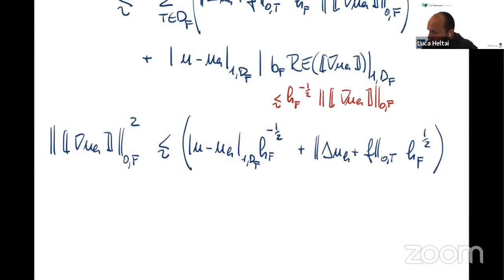Which in particular implies that if you have this in the error estimator multiplied by hf to the power 1/2, then in the first term the hf to the power 1/2 disappears, and the second term will have hf to the power 1.